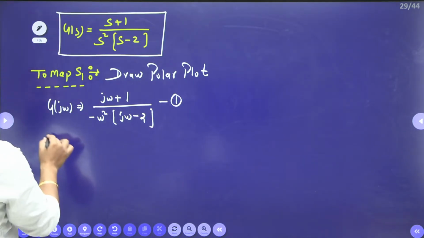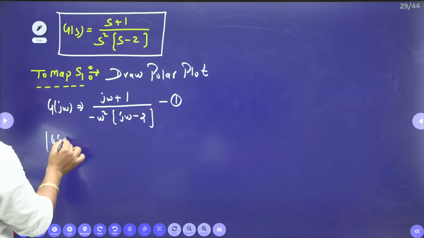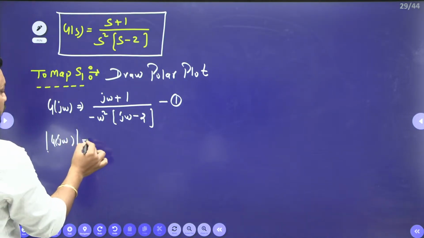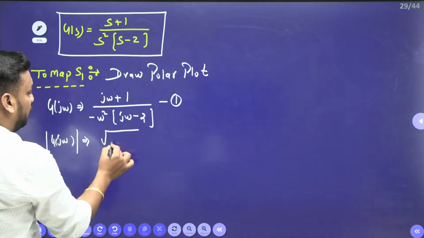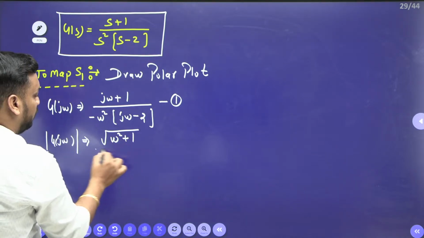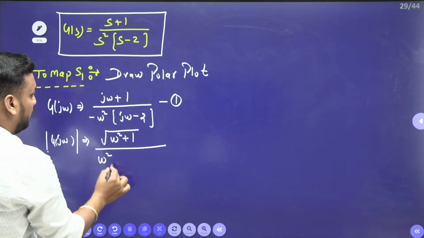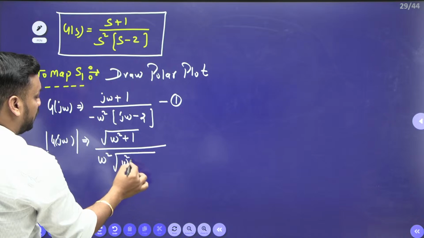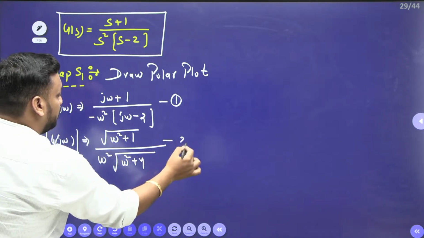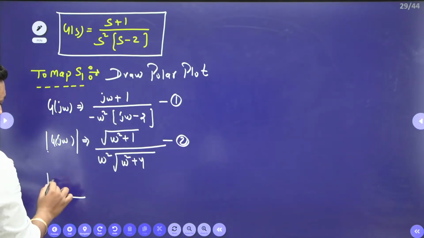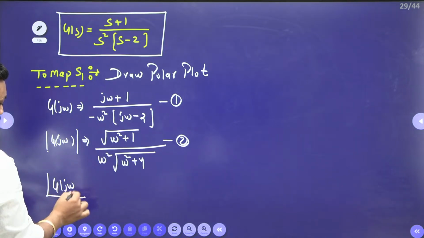Now, if I wish to find the magnitude mod of G(j omega), step number 2 is magnitude. When you find the magnitude, you will get under root of (omega square plus 1) upon omega square under root of (omega square plus 4), equation number 2. Equation number 3 is the angle of G(j omega).